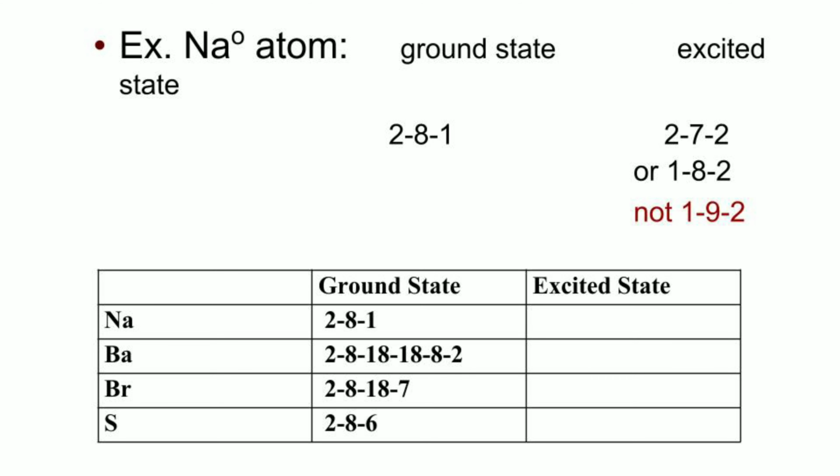To write the electron configuration of a species in the excited state, take an electron from a lower energy level and move it to the right.